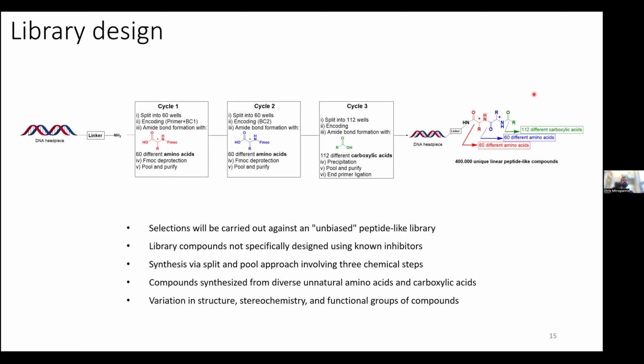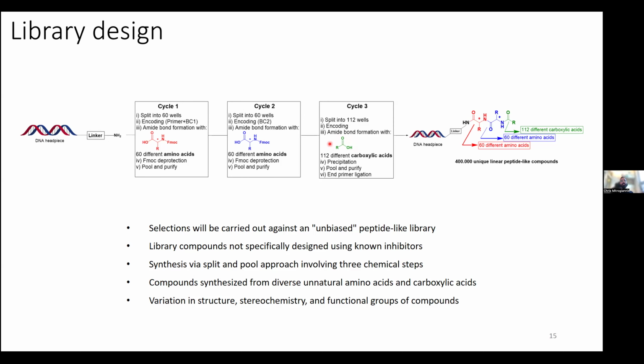So for the final synthesis of the library, of course, as I mentioned before, we start with a DNA headpiece, and this library consists of 3 cycles. In the first and second cycle, we introduce amino acids, and on the third cycle, we cap the sequence with 112 different carboxylic acids.